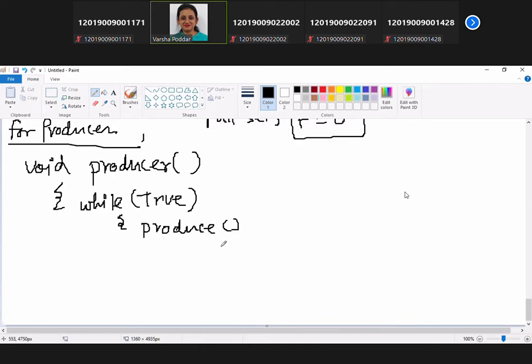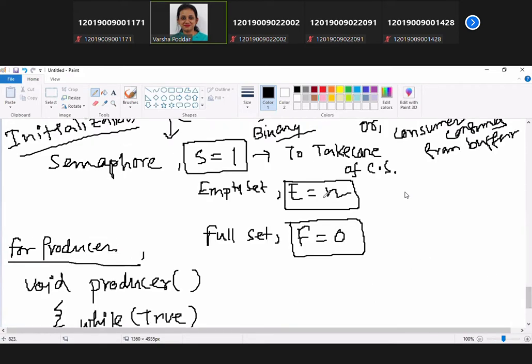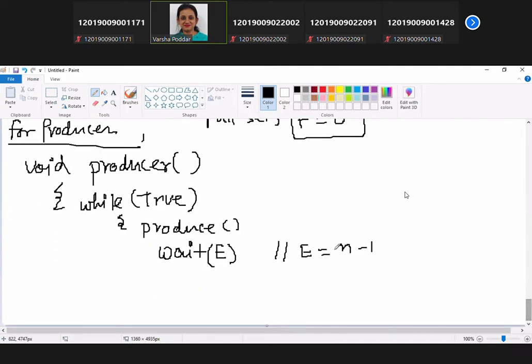What does the produce function do? It will be producing. Producing means what? The empty set will become minus 1. What does this one do? E equals N minus 1. If I initialize with N, E equals N minus 1, the empty set will reduce by 1.